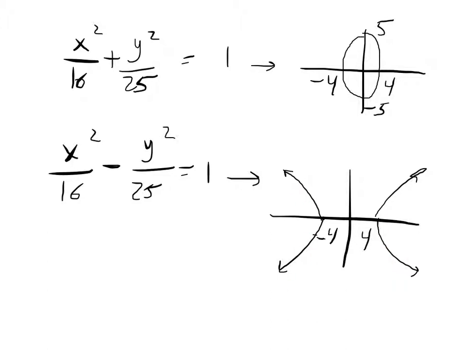We'll note that both our ellipse and our hyperbola have certain symmetries. Since I can replace x with negative x and nothing changes, and I replace y with negative y and nothing changes, both the ellipse and hyperbola have symmetry with respect to both the y-axis and the x-axis.